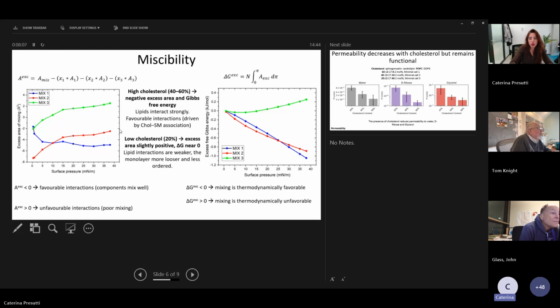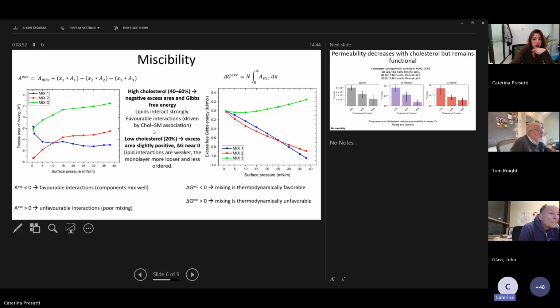But what is important is that this doesn't mean that the monolayer is homogeneous. Instead, cholesterol-sphingomyelin-rich domains coexist with more fluid regions enriched in POPC, cardiolipin, and DOPG. Since cholesterol is known to be well mixed and more soluble in saturated lipids, this indicates that cholesterol and sphingomyelin stabilize the monolayer through ordered domains.